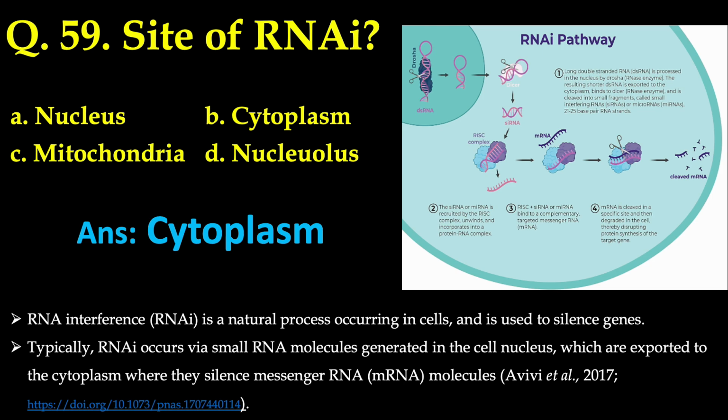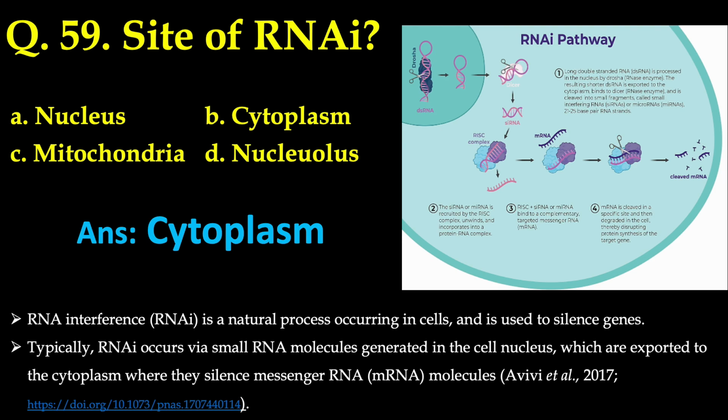The resulting shorter double-stranded RNA is exported to the cytoplasm, where it binds to the Dicer, also an RNase enzyme, and is cleaved into small fragments called small interfering RNA, that is siRNA, or microRNAs, miRNAs, which are composed of around 21 to 25 base pairs of RNA strand.